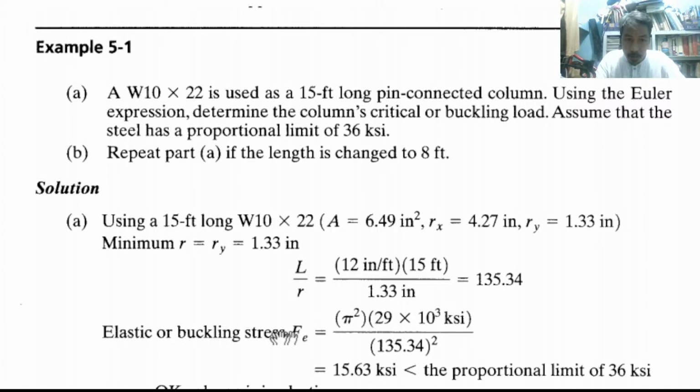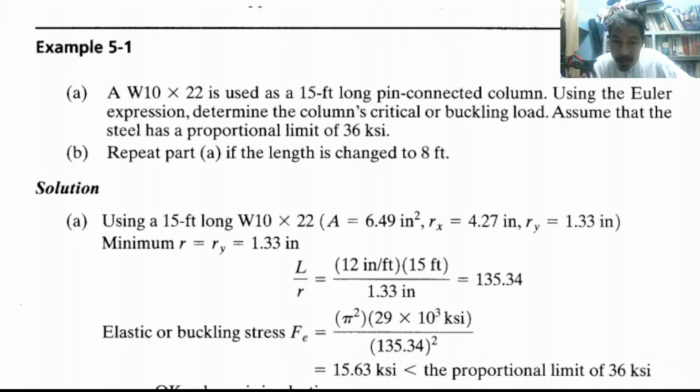So that is supposed to be the maximum. Don't equate this stress to the capacity of the material, because Euler stress is maximum. Euler stress is already the maximum capability of the material.